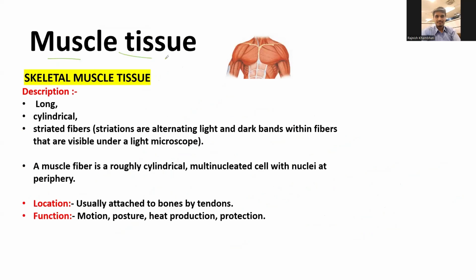Next, muscle tissue, the last tissue of animals. We have three muscle tissues. Number one, skeletal muscle tissue. They are long and cylindrical in structure, with striated fibers. I will now explain what a striated fiber is. They have striations, so when you look at them under the microscope, we can see dark bands and light bands.